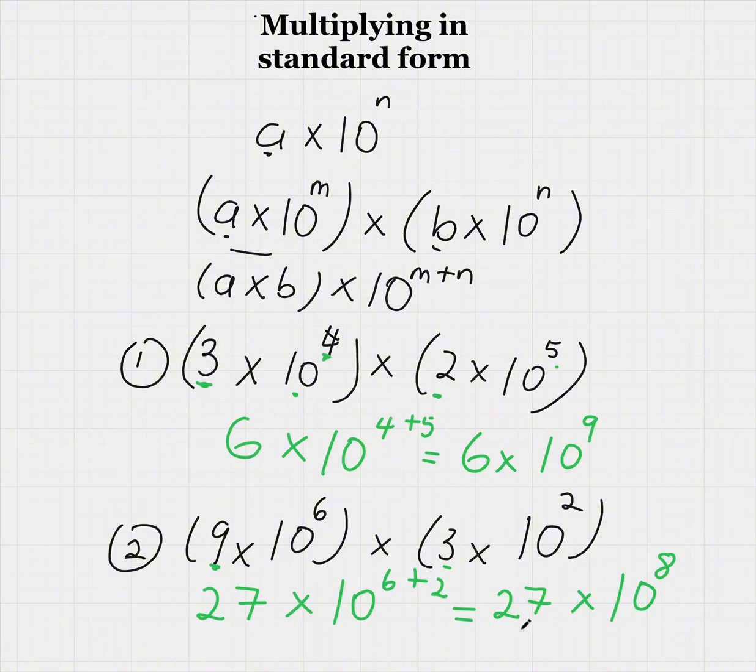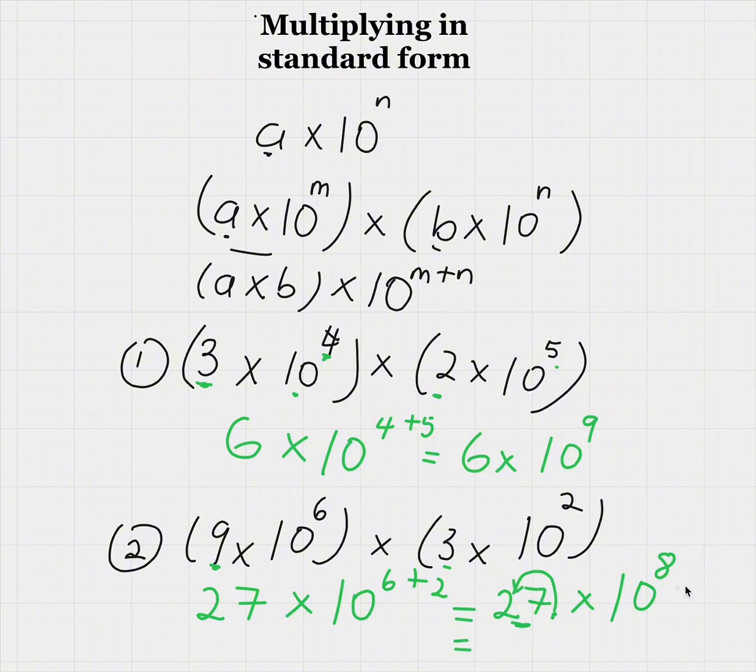But remember, in standard form, our a should be between 1 and 10. So if this obviously is more than 10, we cannot leave it this way, we're going to have to make sure we write this in a way that is between 1 and 10. And how do we do that? This is a whole number, so our decimal point is at the end of the number, and we have to move it once, moving it to the left side.